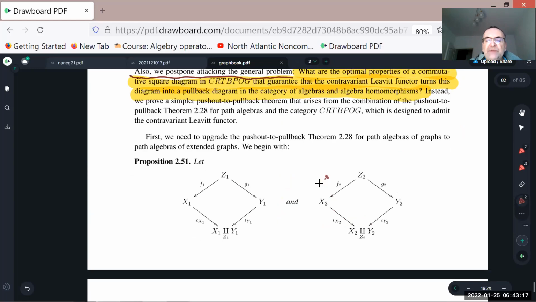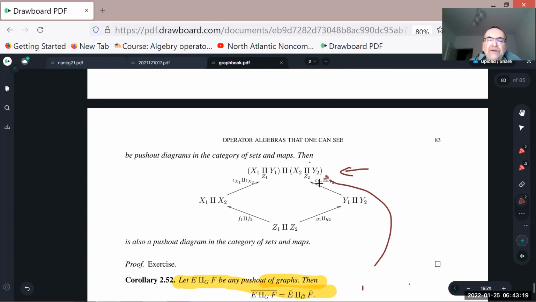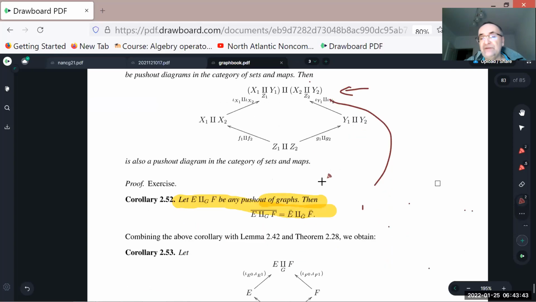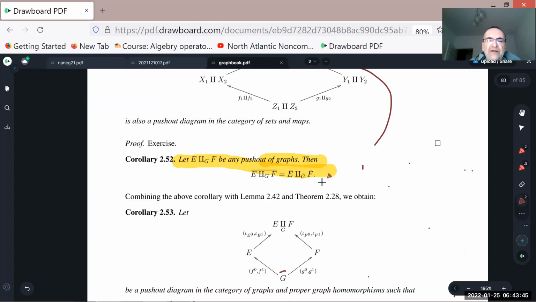And that's a big deal, because you see that already at first sight, when you combine this CRTB-POG with the assumptions for our contravariant functoriality theorem for Leavitt path algebras, you end up with something very restrictive, but still very interesting, namely the only push-outs you can work with are simply unions of graphs.